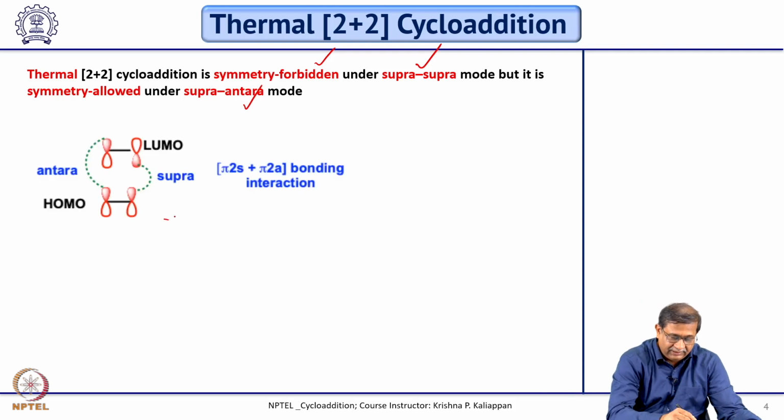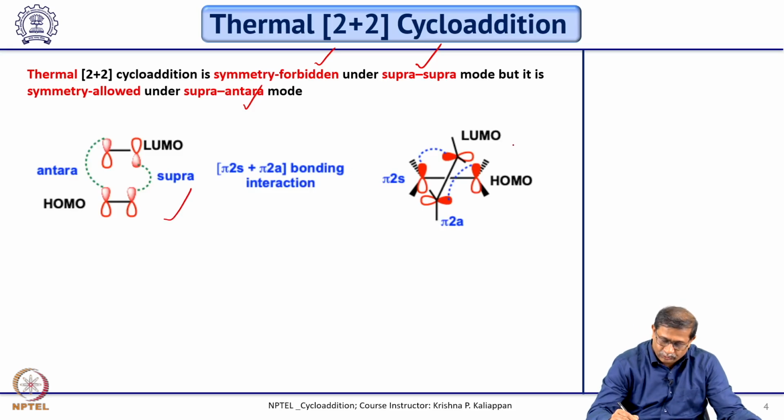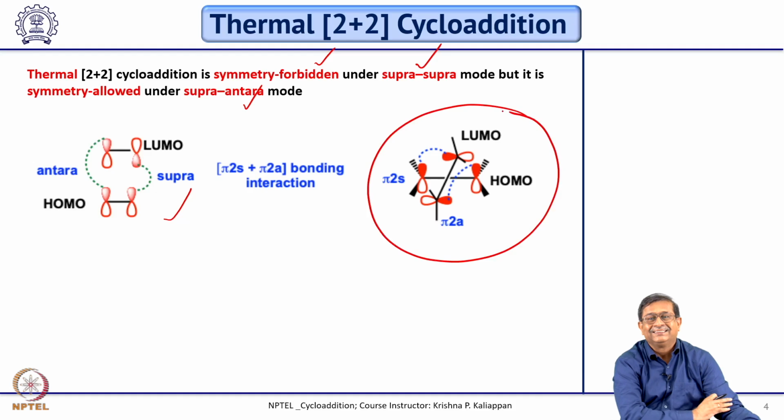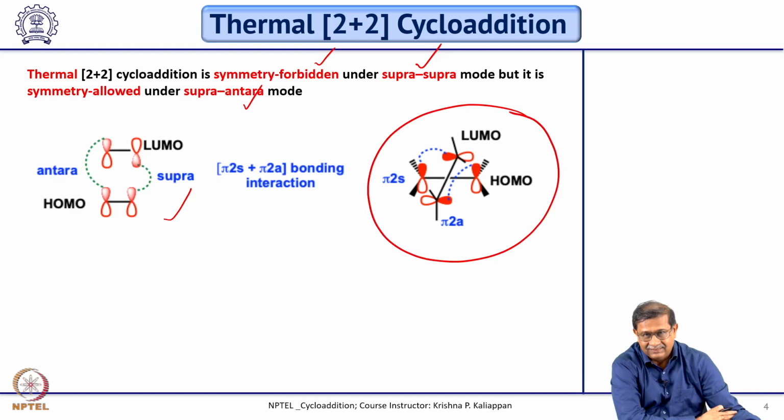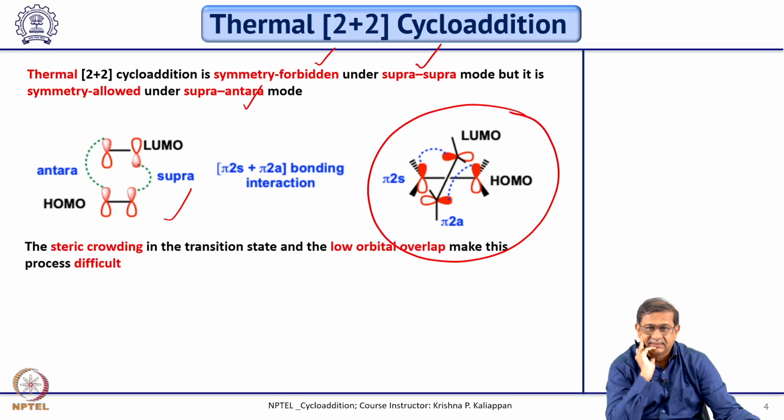So this is what we just discussed, and if you have a closer look, you can see this also can be drawn like this. When you look at this closely, what you see is there is always steric crowding in such a transition state.